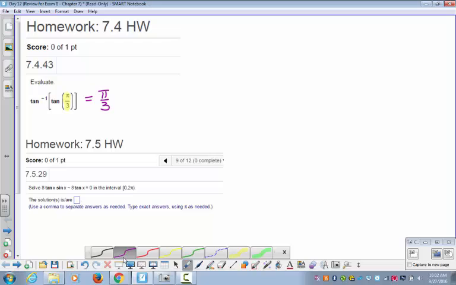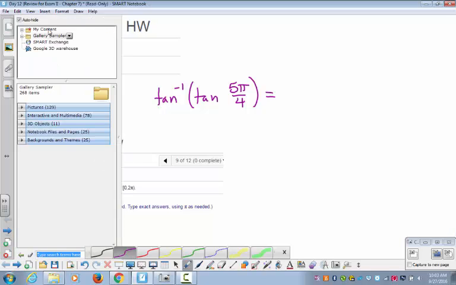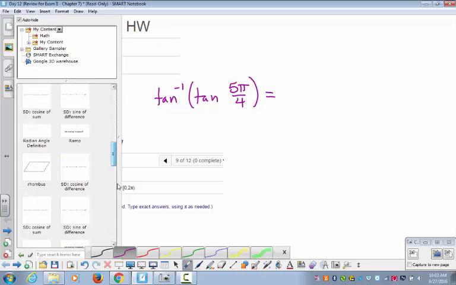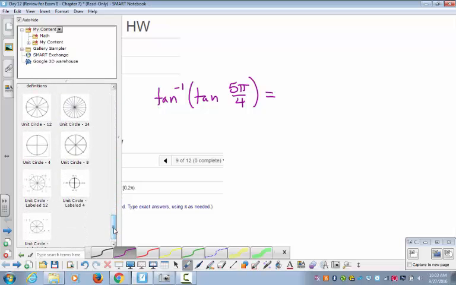But let's take a look at another example. If we had inverse tangent of, let me pick an angle not on the right, let's say 5π/4. So any angle that's not on the right, there it won't cancel. Let's take a look at a little picture just to make sure that we're seeing it clearly.